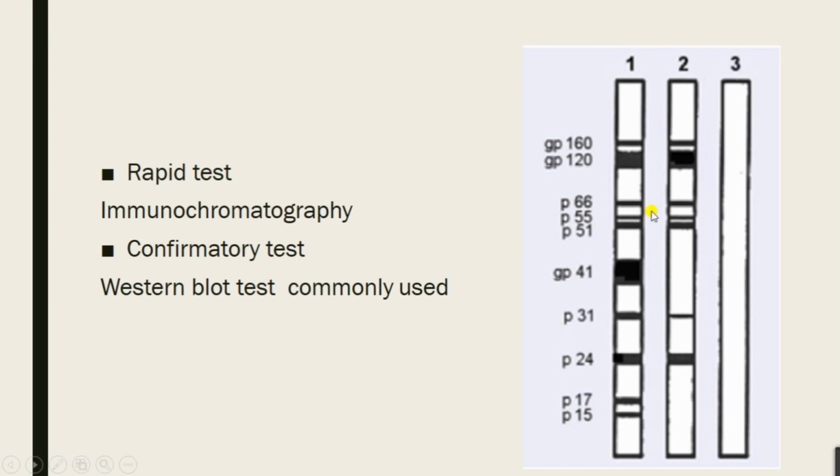Here you can see GP160 has a band, GP120 has a band, and P66, P55, P51, P31 and P24 also have bands. So it would suggest that your test is positive for HIV. This is how you do the confirmatory Western blot test.